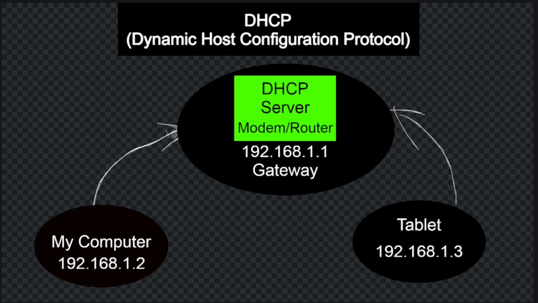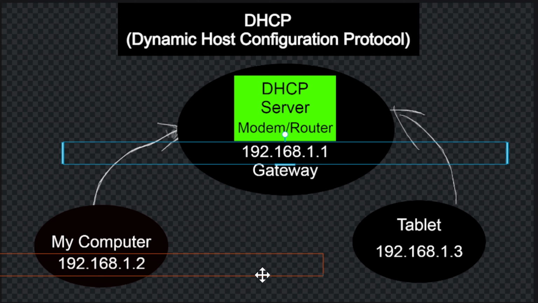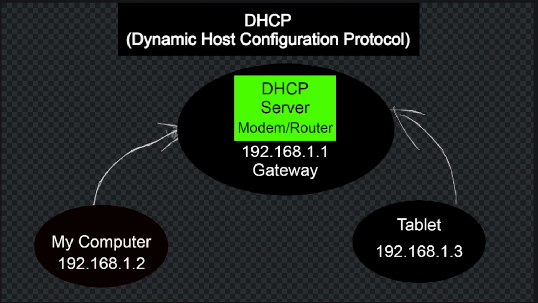So if you open up a command line on your computer and type in ipconfig /all, check all these settings. You may have different IP addresses, but they would correlate and be the same setup as the way I'm showing you right now.